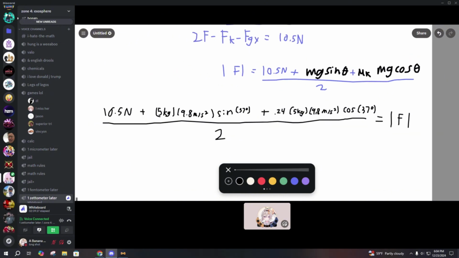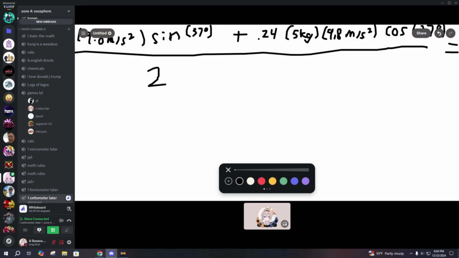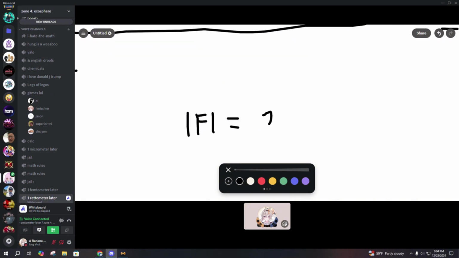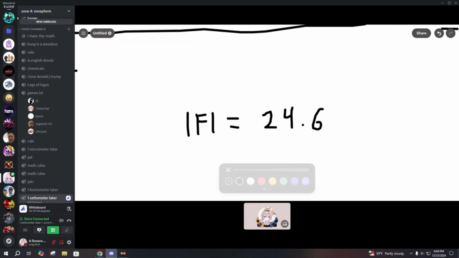So if I shove this in the calculator, 10.5 plus 5 times 9.8 sine 37 plus 5 times 9.8 times 0.24 cosine 37, over 2, and that gets my applied force to be about 24.69 newtons.